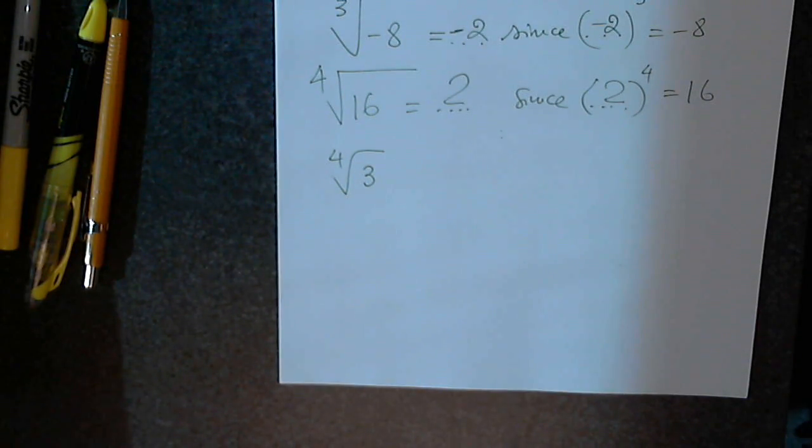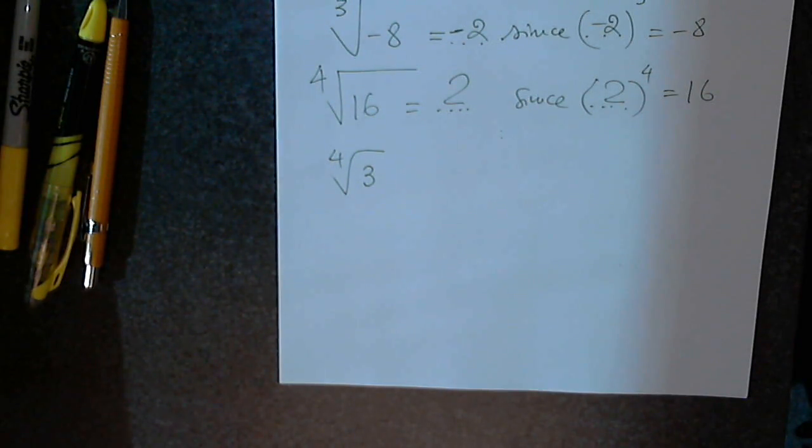When I'm asking myself, how do I determine the fourth root, I'm going to ask myself, what is the power? 3 raised to which power? Very good. 1/4. And here's what I get. 1.316, so on and so forth.